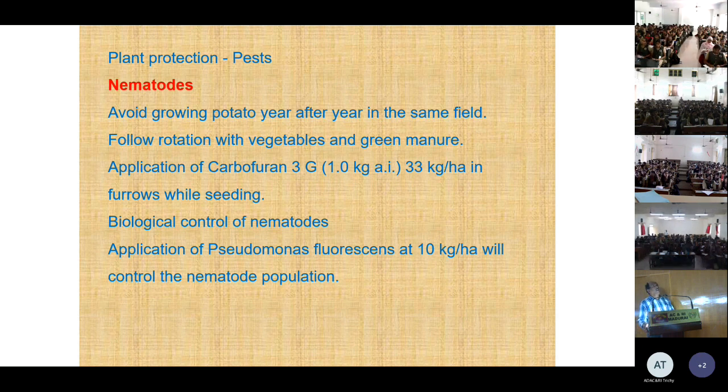Apply more quantity of green manures, rotate with vegetables, and apply carbofuran 33 kg per hectare in furrows while planting. For biological control, Pseudomonas was applied earlier, but nowadays we use Bacillus subtilis at the rate of 10 kg per hectare to control the nematode population.